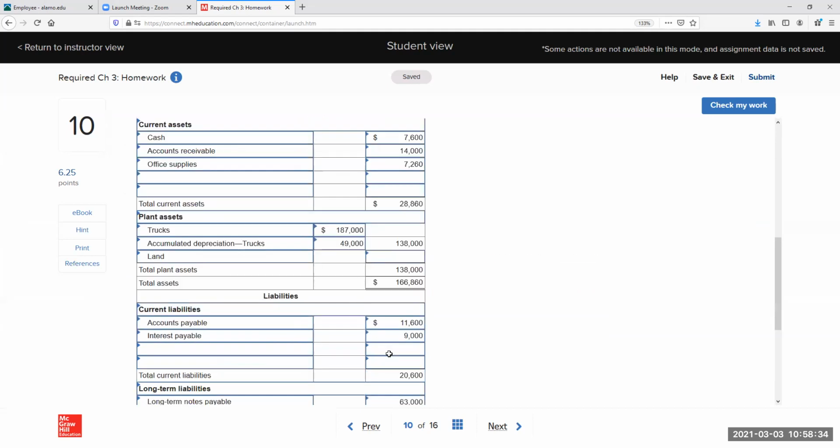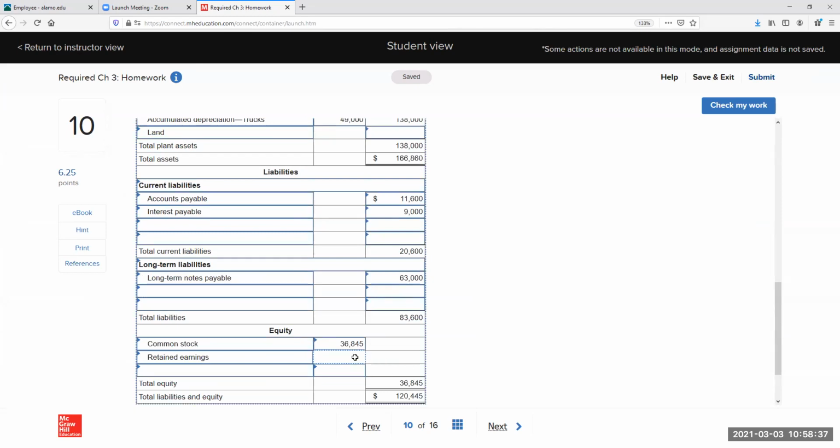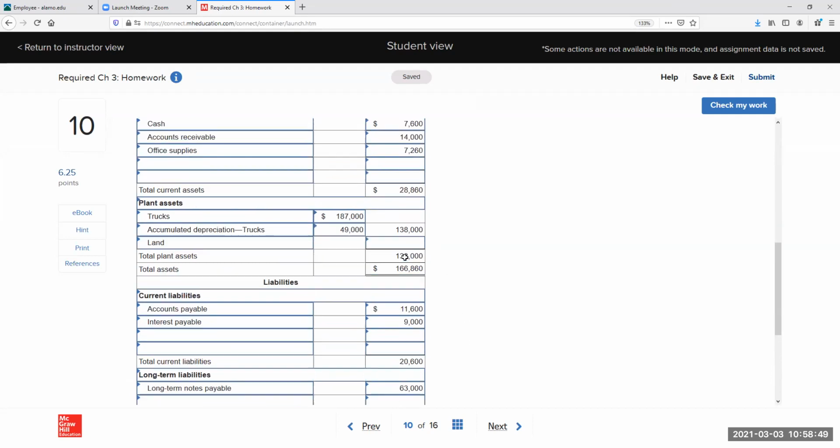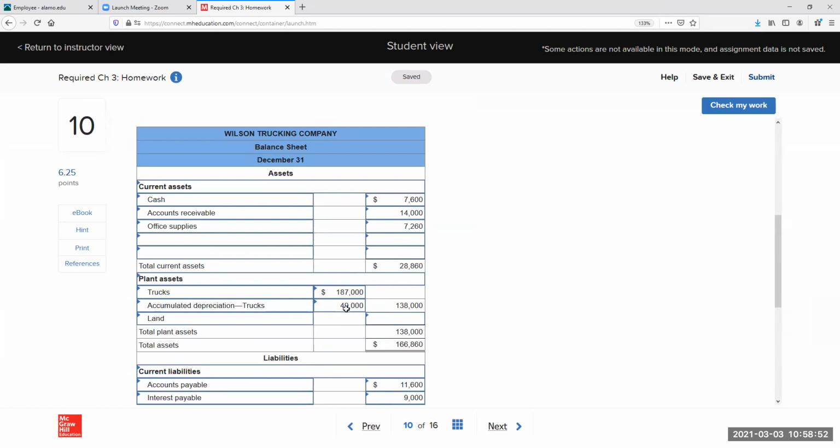So let me just see if this adds up. When I add those three, I got the ending is 105,893. And I don't balance. Do I have to put a minus in there?